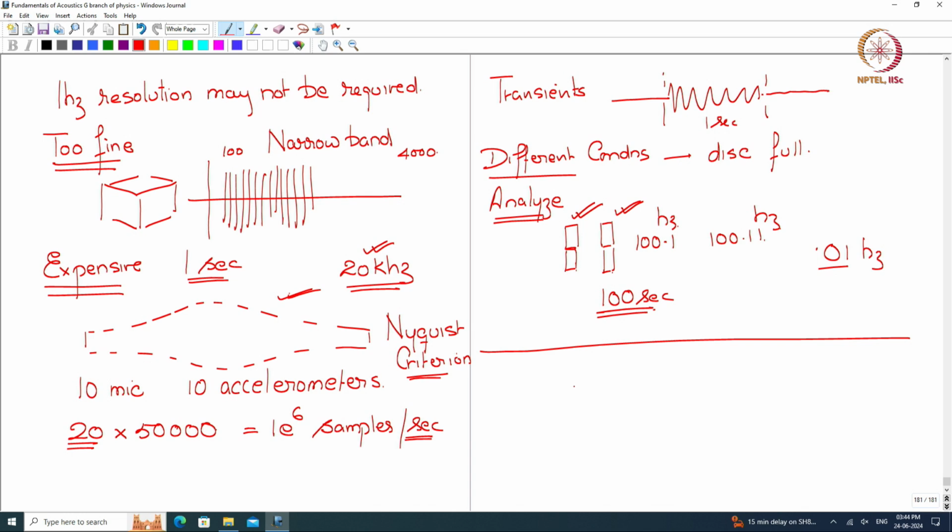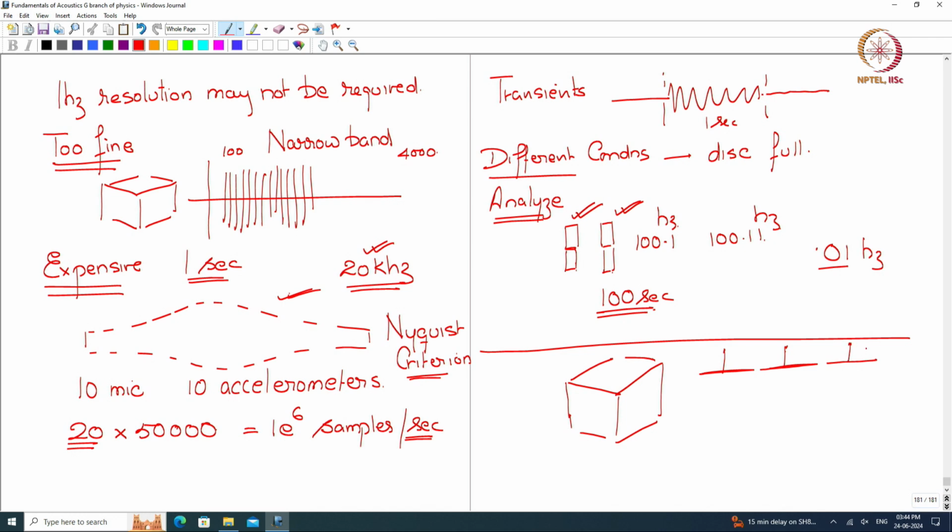a certain machine has come, or your company makes a certain machine, then it may just be enough to know that in this frequency band how much is the noise, in a slightly neighboring band how much is the noise, and the next band how much is the noise.